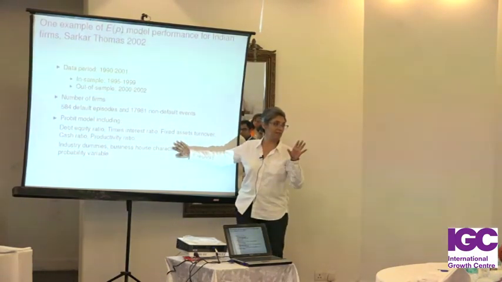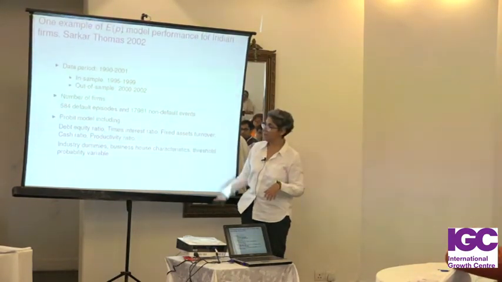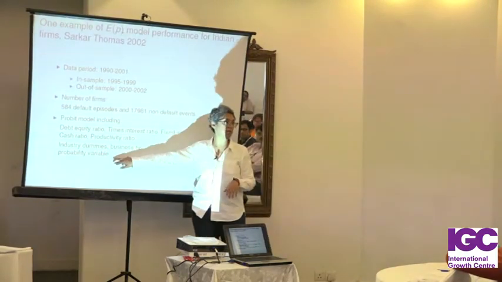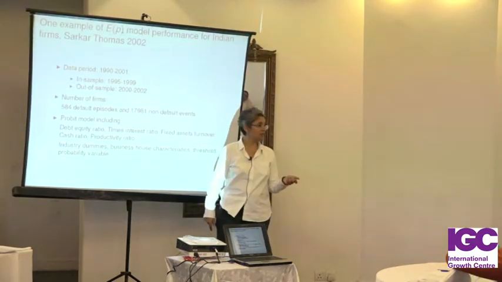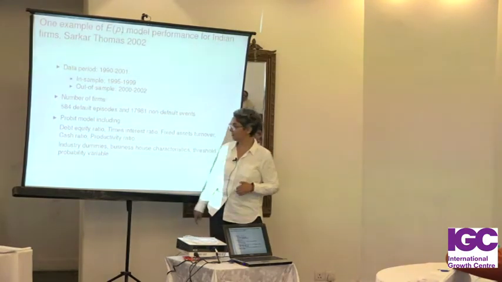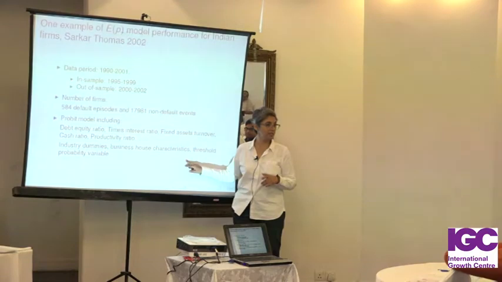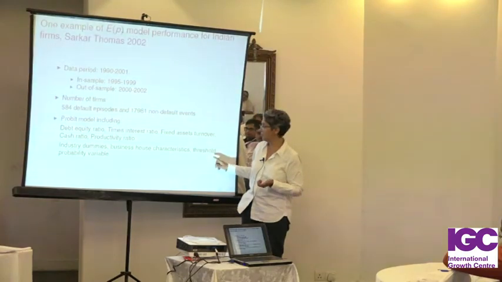Out of our 75 ratios that we tested, we found the same 5 ratios mattered. But we also found that if you put in an industry dummy, so you know it matters which industry you're in, and whether you're part of an Indian business house or a foreign business house or a standalone Indian firm, that mattered in being able to predict the probability of default.